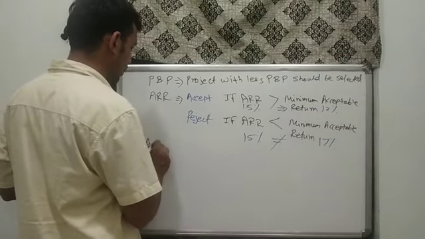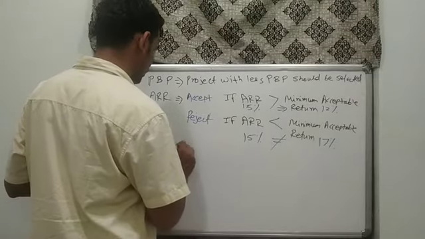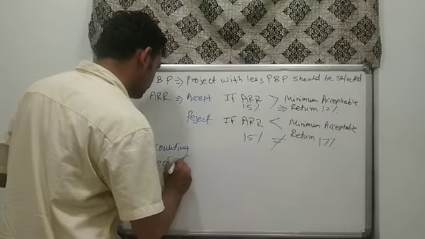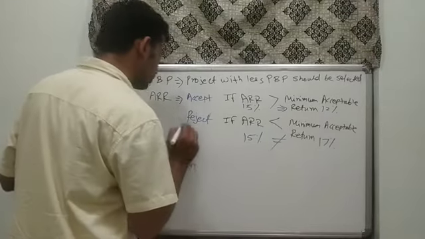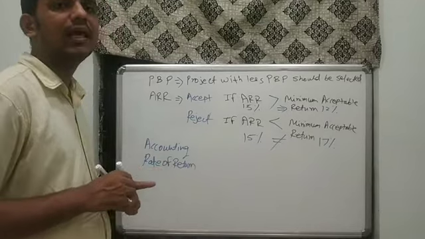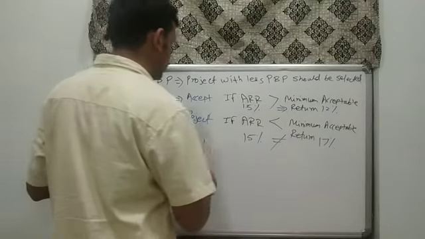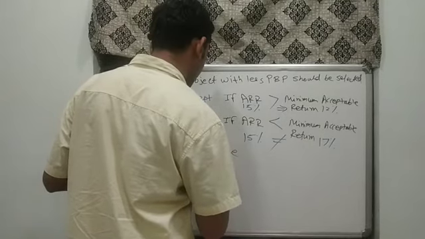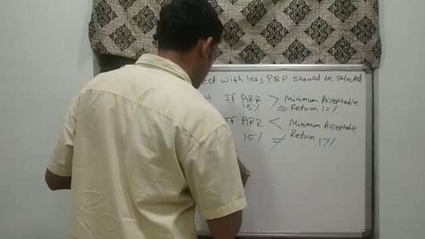It can be denoted as accounting rate of return, that is ARR, or else you can also write it as average rate of return.